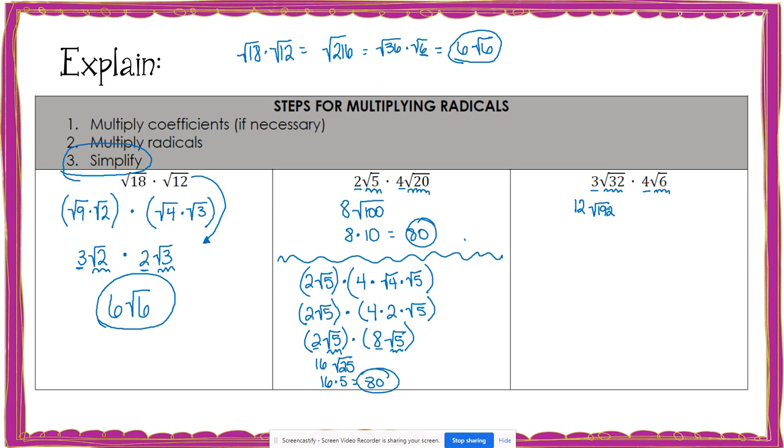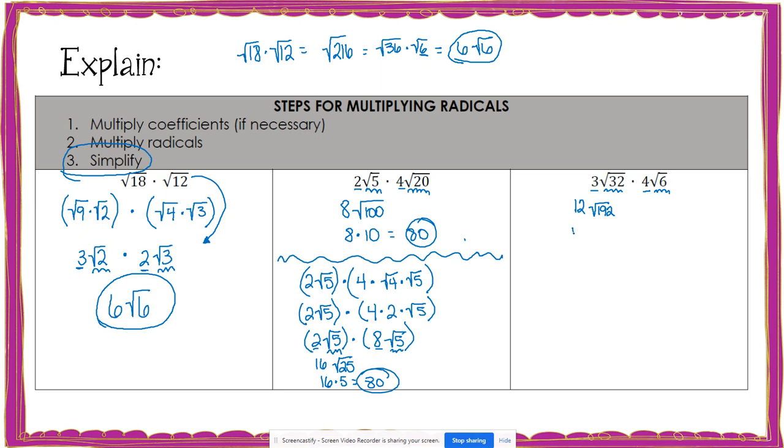Well, now all we're going to do is try to think about a perfect square that will go into 192. Well, if we think about perfect squares that go into 192, we know that 64 is the greatest perfect square that goes into 192, and it goes into that 3 times.